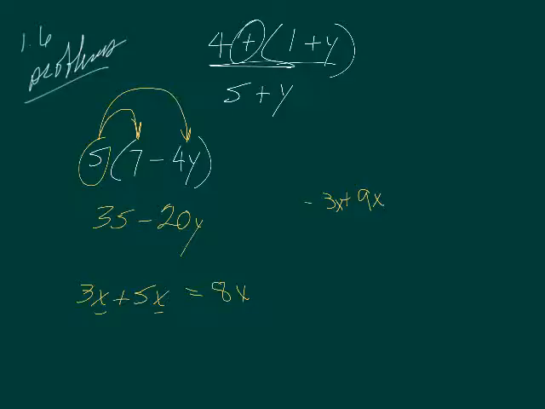A negative 3 and a 9, the signs are different, so you take the difference between the two, between a 3 and a 9, and it's 6, and you put the sign of the largest number on there, and the largest number is a 9, so it's going to be positive, and then you just tag an x on there. So it's just like saying I owe 3 quarters, somebody gives me 9, once I pay off my debt, how many do I have? I have 6.